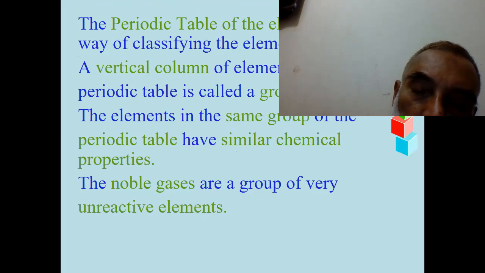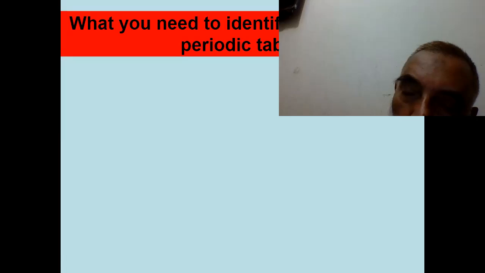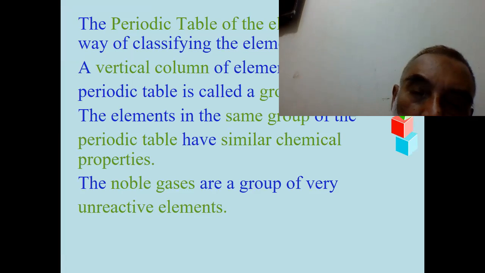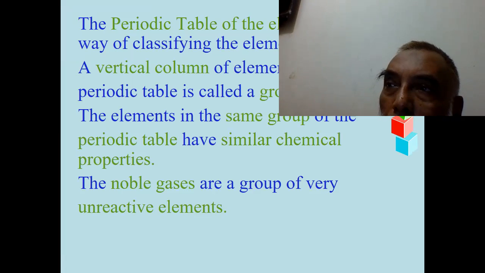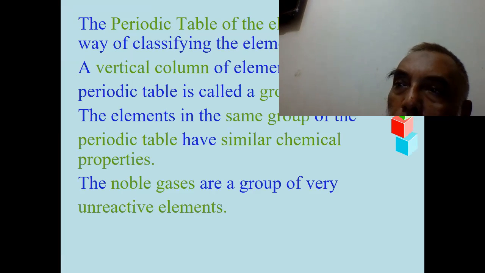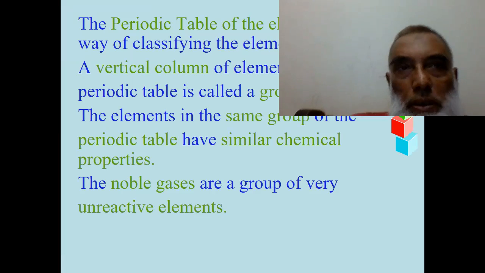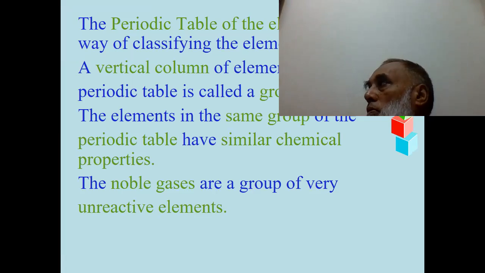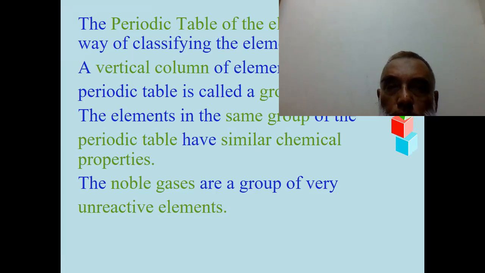The noble gases are a group of very unreactive elements, and the alkali metals are very reactive metals. Halogens are placed in the second group from the right, and are very reactive non-metals.